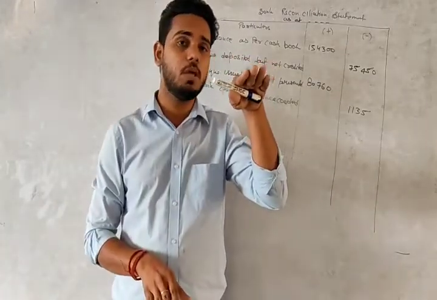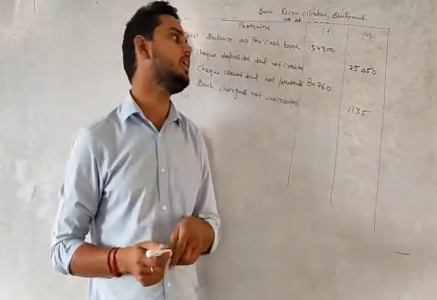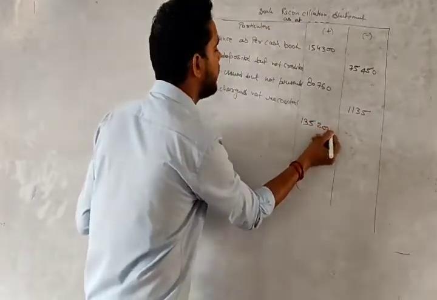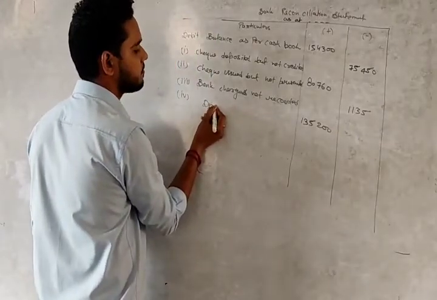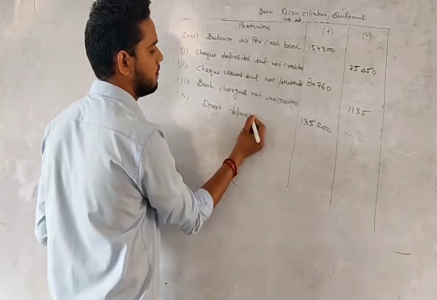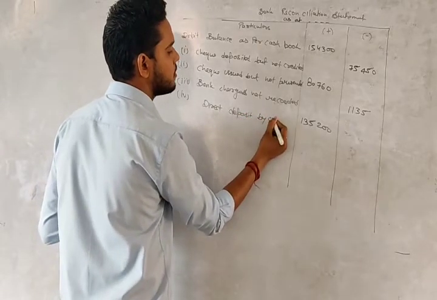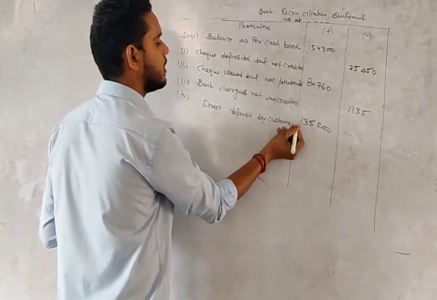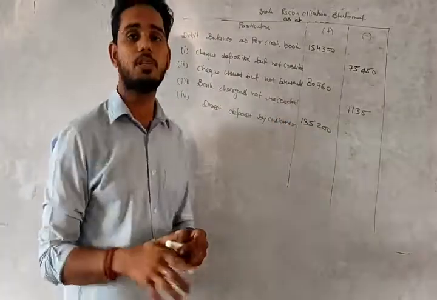So what will you do to make it equal? You will increase. So you will write in the plus column 1,35,200, direct deposit by customer. You can also write it like check directly deposited by customer.